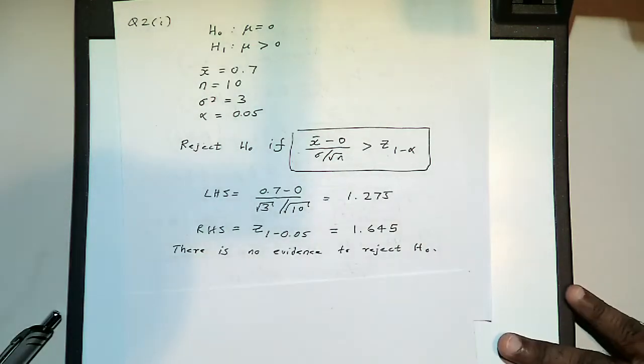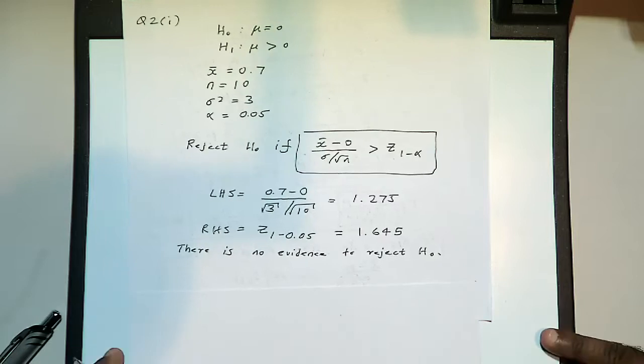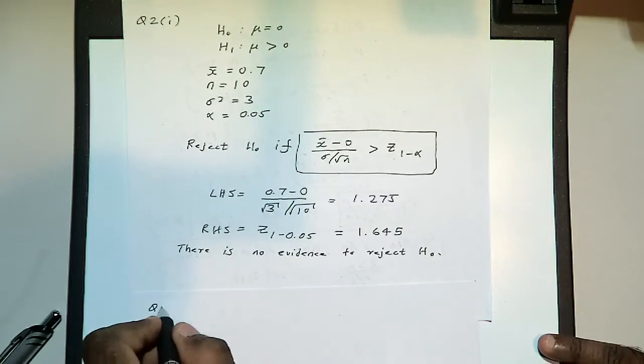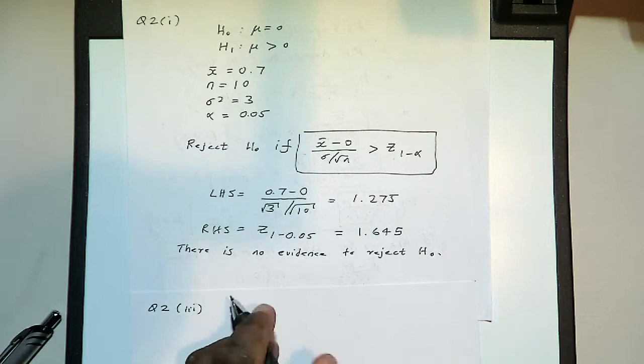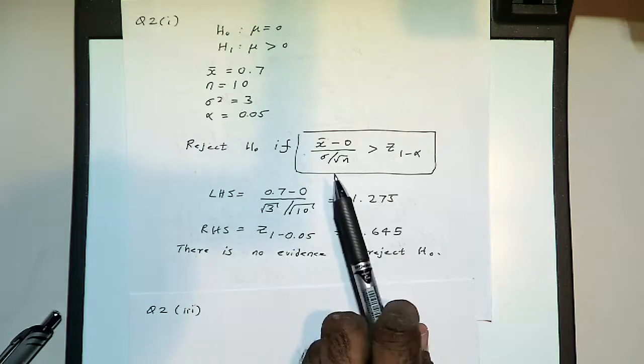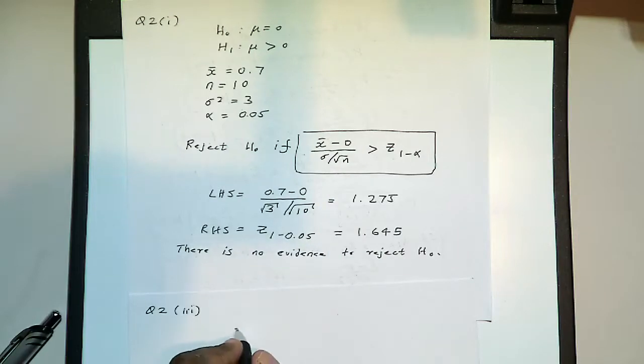let me show you. This is the solution for part 1. So part 3 is basically asking you what should n be so that this rule is satisfied, this rule here, right? So in other words, we need to find n such that this is greater than Z1 minus alpha, which is the same as saying that x bar is what? It was 0.7.